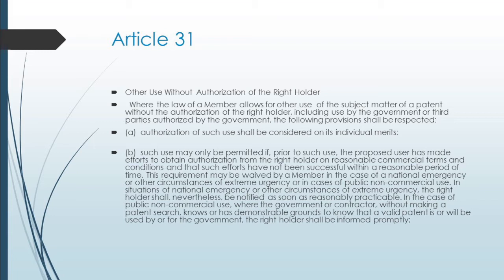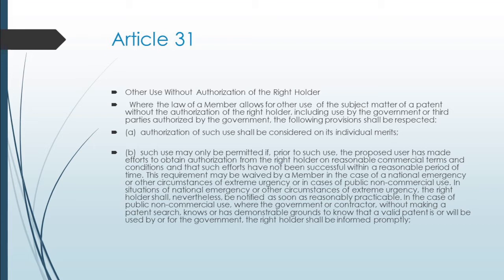So first, what is a compulsory license under a patent? A compulsory license simply means that a license would be issued to a third party to manufacture the same product or use the same process as that of a patent holder by giving him a certain amount of royalty. Now, Article 31 is a core provision. It does not give any detail of how to implement the provision.